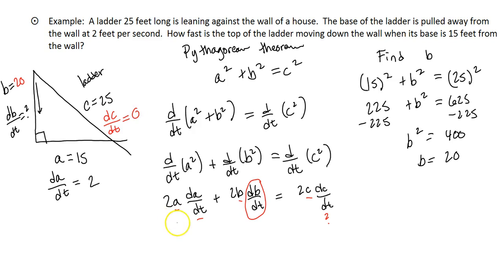So I'm going to go plug all this in. So I would have 2 times 15 times 2 plus 2 times 20 times the unknown, which is dB over dt, equals 2 times 25 times 0.